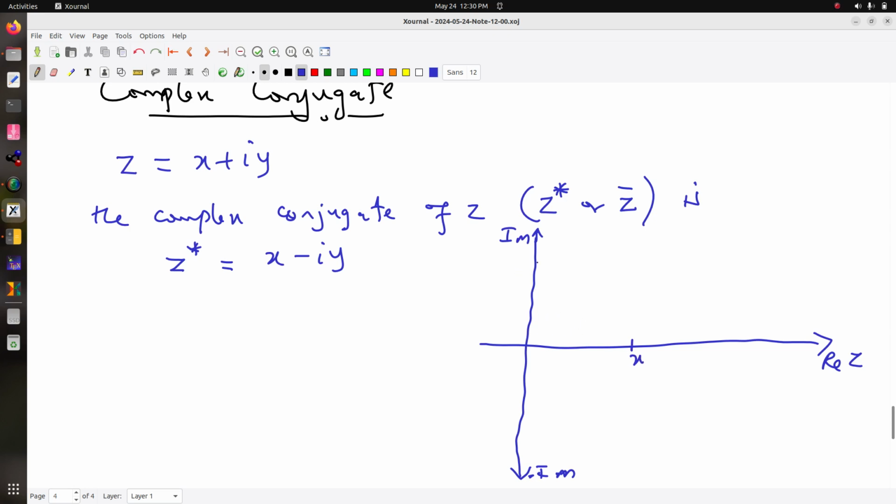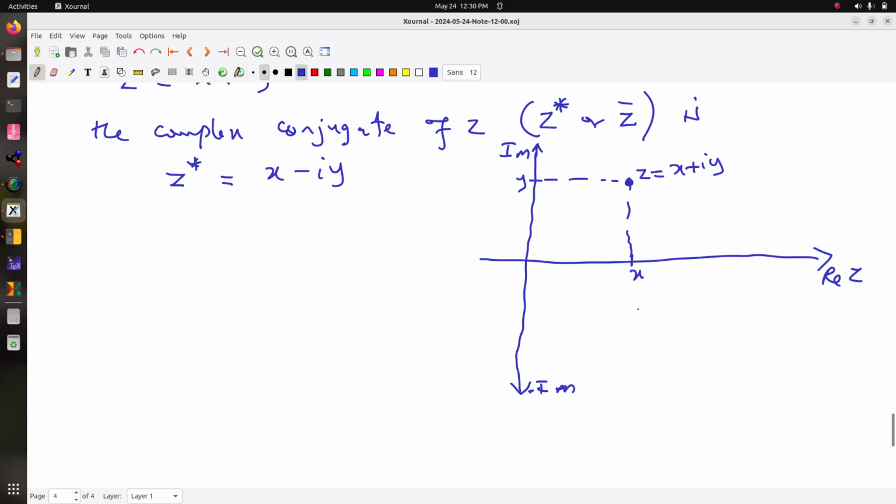This is x, this is y, and if you plot, this will be z, which is x plus iy. Now the reflection of this complex number in the real axis, the mirror in the real axis of this, will correspond to this, minus y.